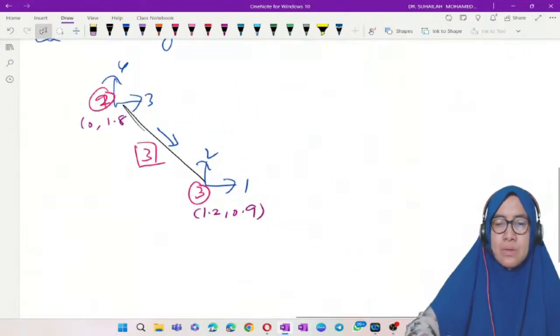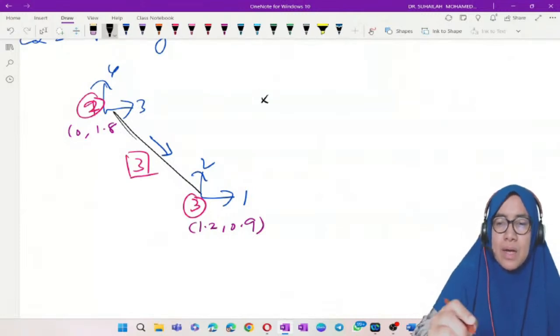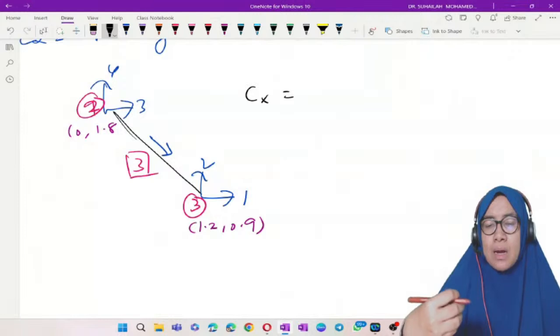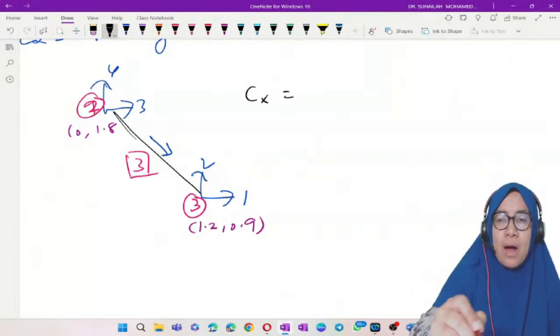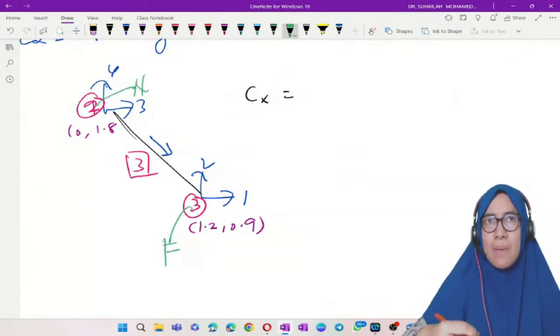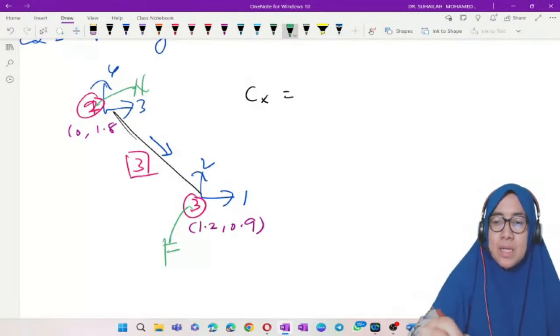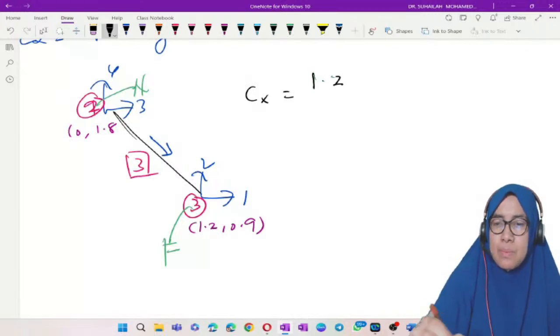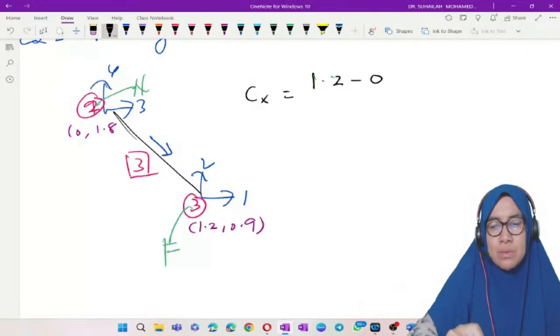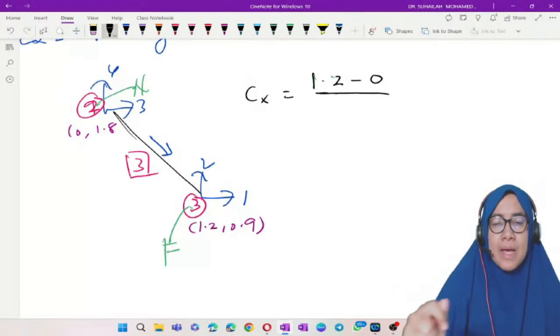So we should start with calculating Cx and Cy. Look at the arrow. This is far end, this is near end. It is far minus near. 1.2 minus 0, divided by the length.